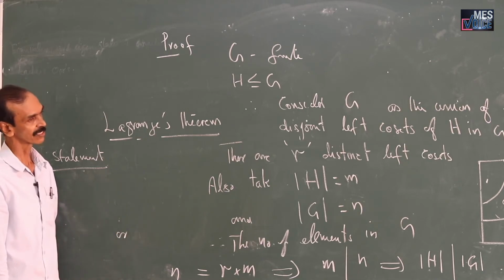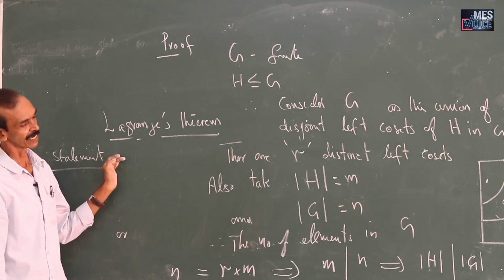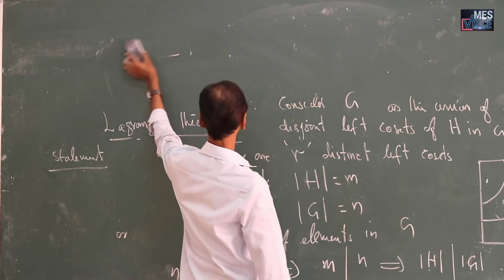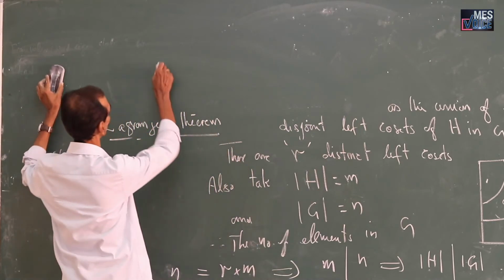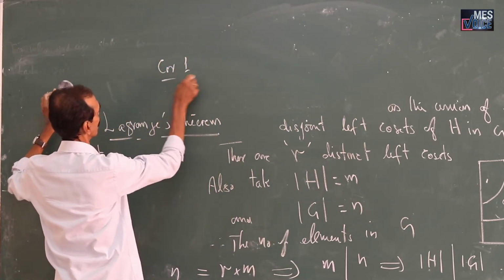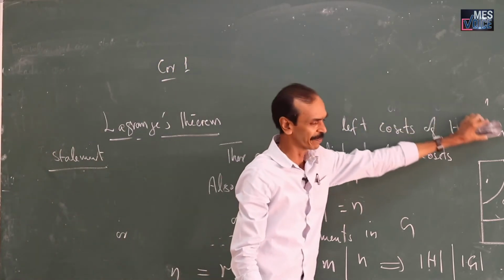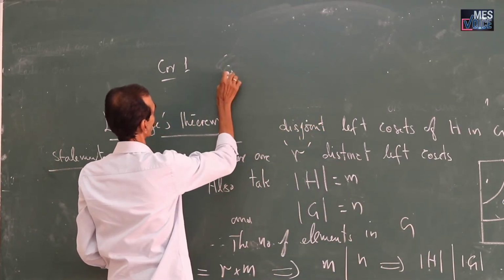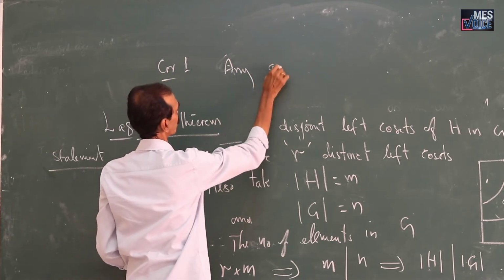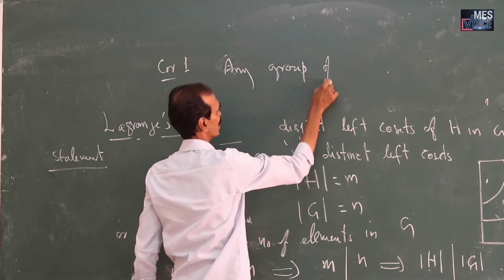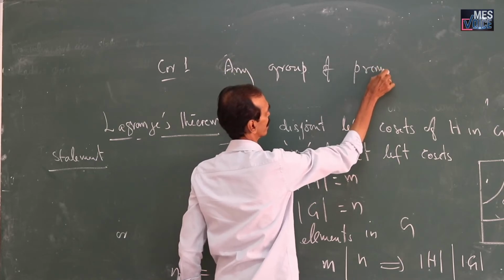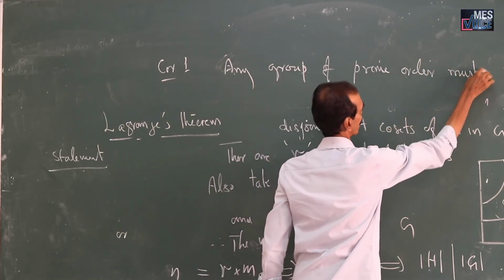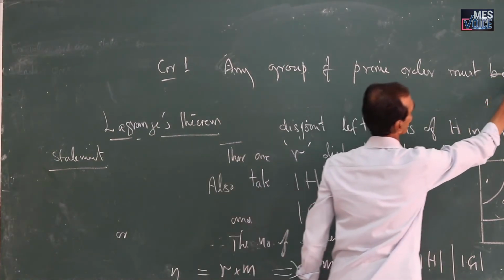One is, you take any group of prime order. Any group of prime order must be cyclic.